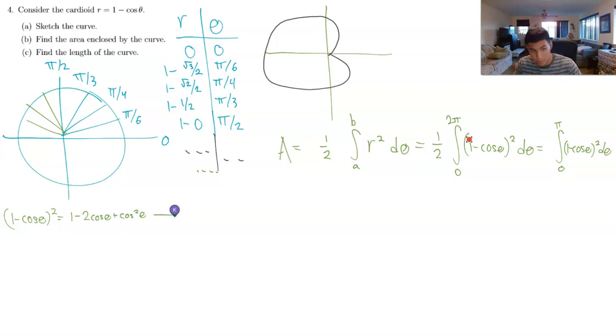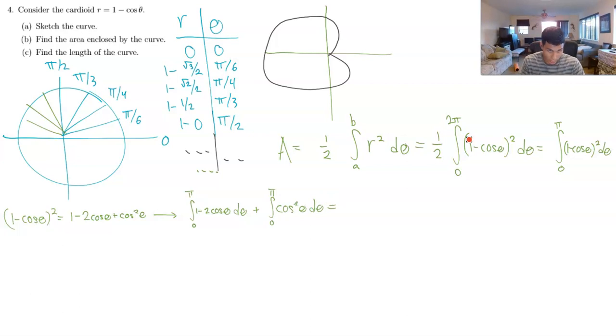So then we have 2 times the integral from pi to 0 of 1 minus 2 cosine theta d theta, plus the integral from pi to 0 of cosine squared theta d theta.